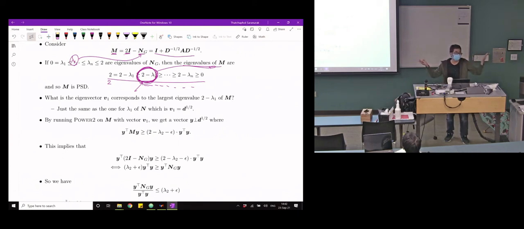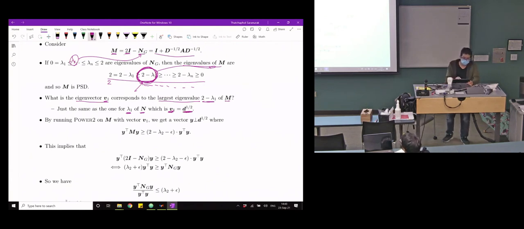We know that by analysis. The eigenvector v1, which corresponds to the largest eigenvalue of M, is the same as the one for the Laplacian, which we showed before is just this vector.